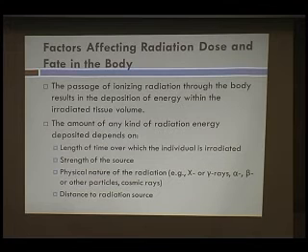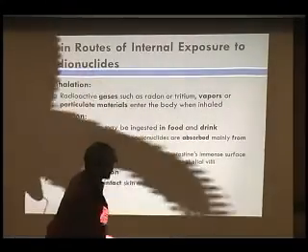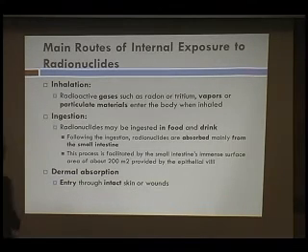They don't have the X-ray machine over your hand for 24 hours. And then the strength of the source, how intense is that source, and the physical nature of the radiation. Is it an X-ray? Is it a gamma ray? Is it an alpha, beta? And then also distance to the radiation source. So if you were 3 miles away from the radiation source, then your deposited dose is going to be much, much lower than if it's from me to Mr. Worth here. So those are some of the factors, and keep those in mind as we talk about these here.